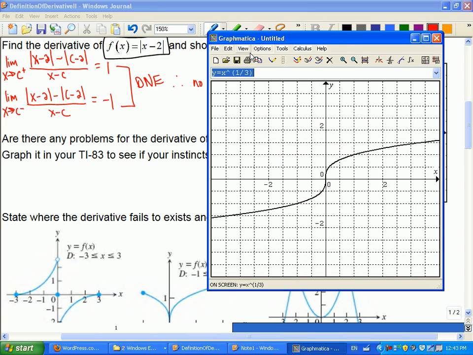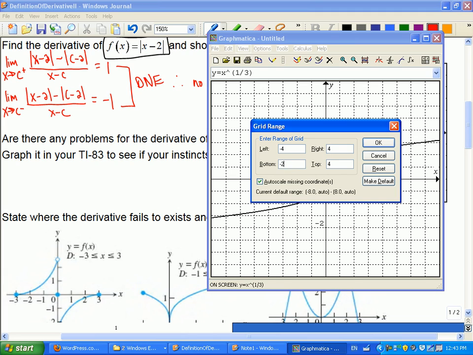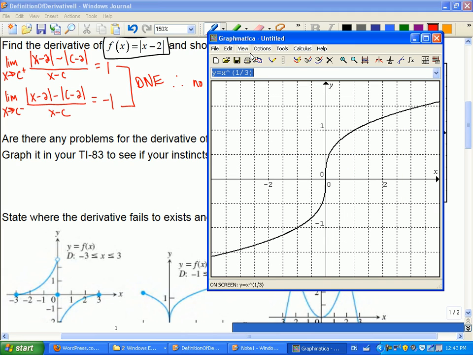And here's a picture. Maybe I'll zoom in a bit more. So what do you think? Will there be any problems here if we're talking about the derivative? I'm not asking you about this graph. This graph is fine. It's defined everywhere. But what about the derivative?